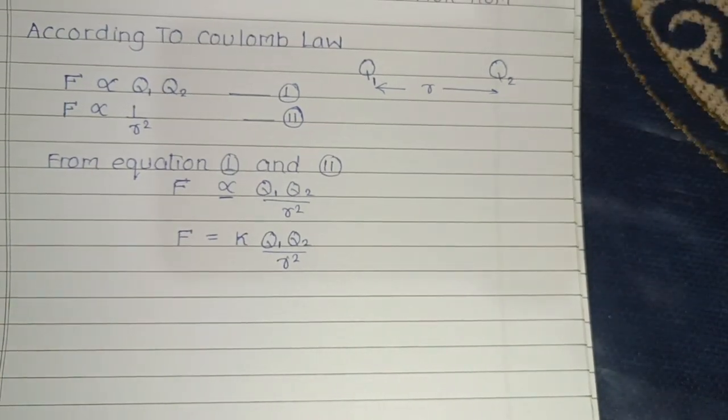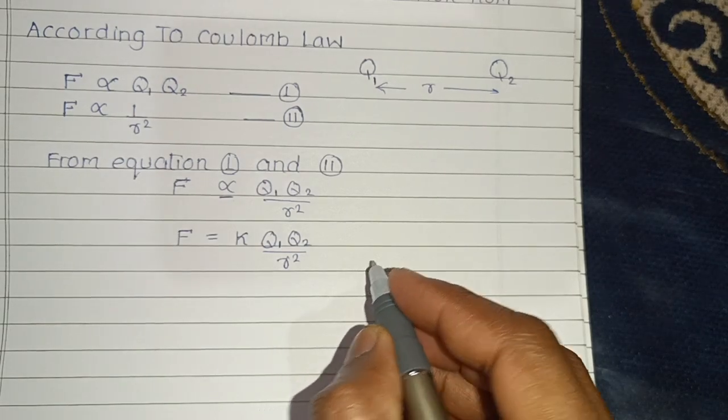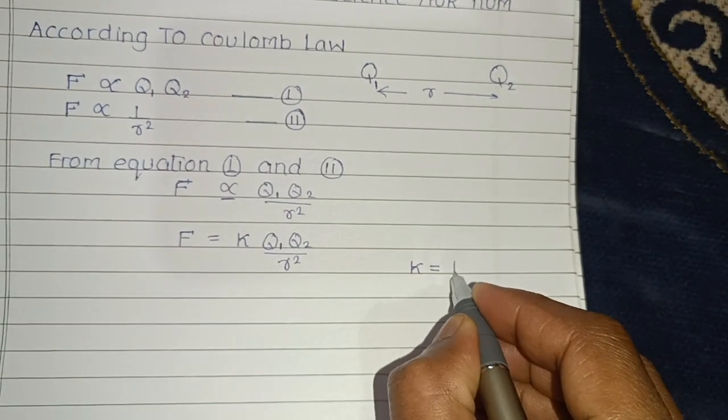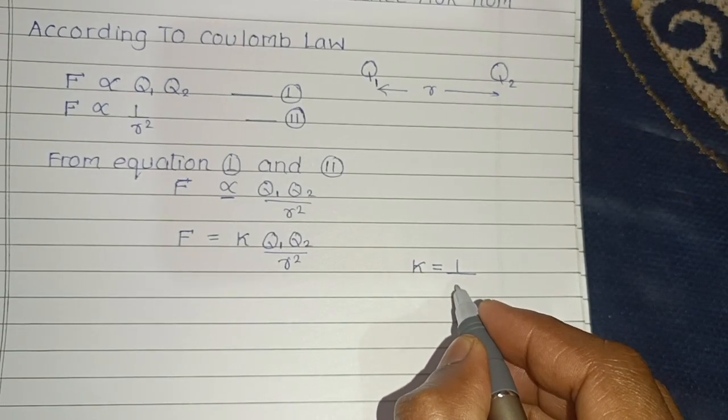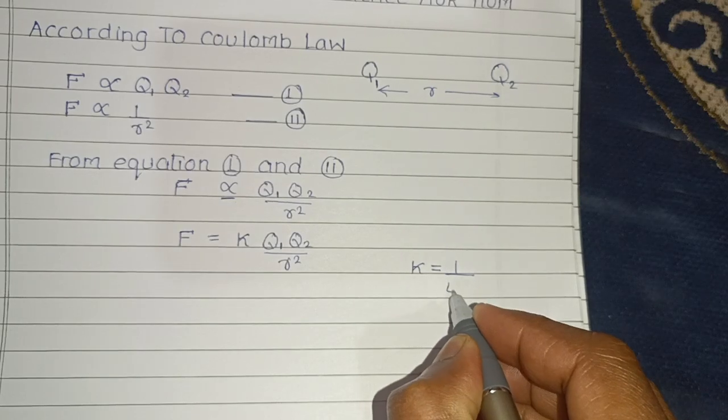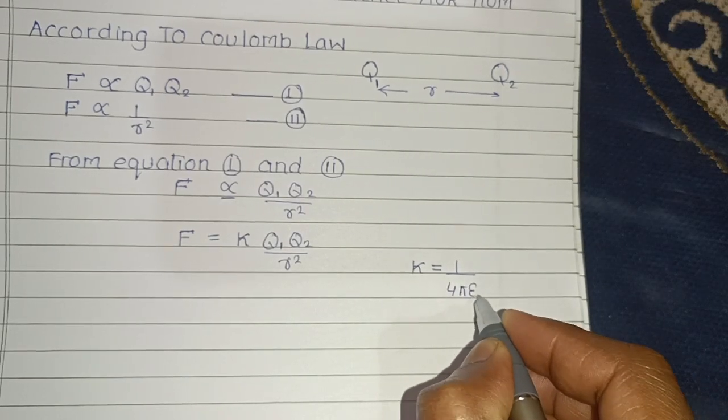Here K has a value of 1 upon 4 pi epsilon naught.